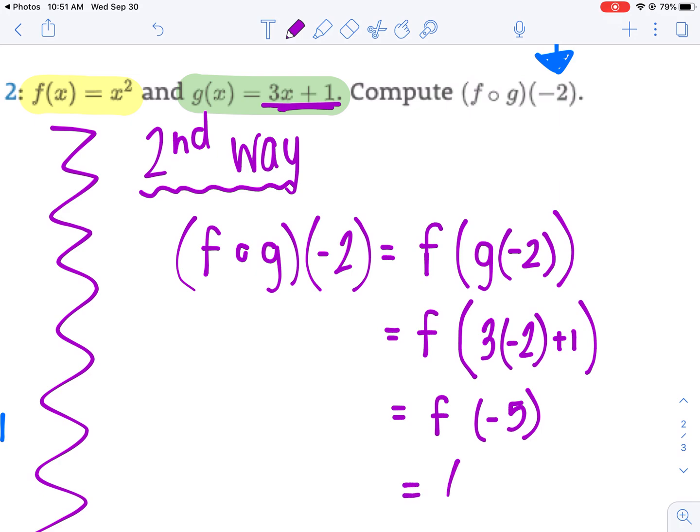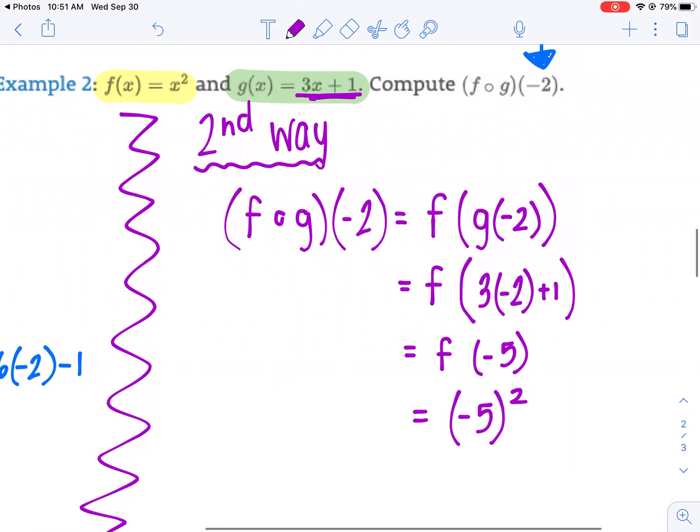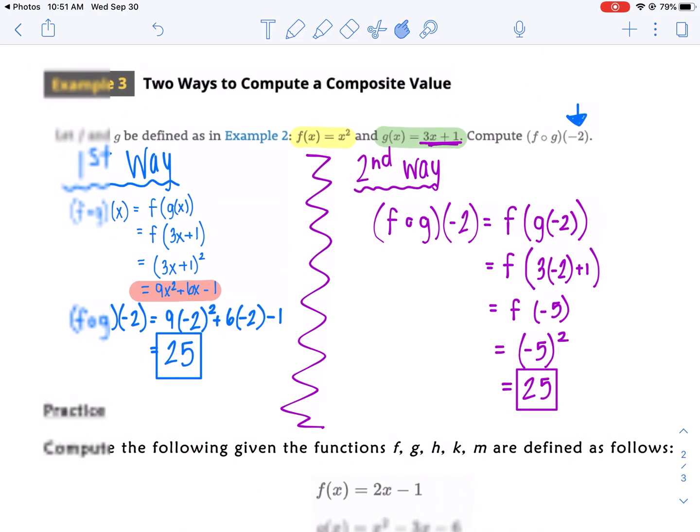Well, instead of x, put -5. That's the yellow function. And voila, I still get 25. Okay, so you pick which way works best for you. Maybe in a different problem with different functions, you'll pick a different way. It's up to you.